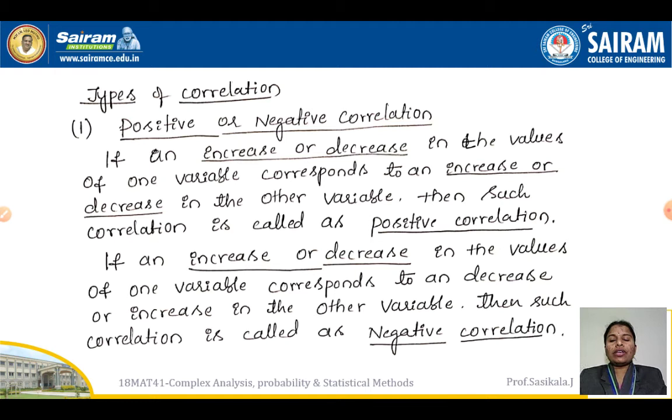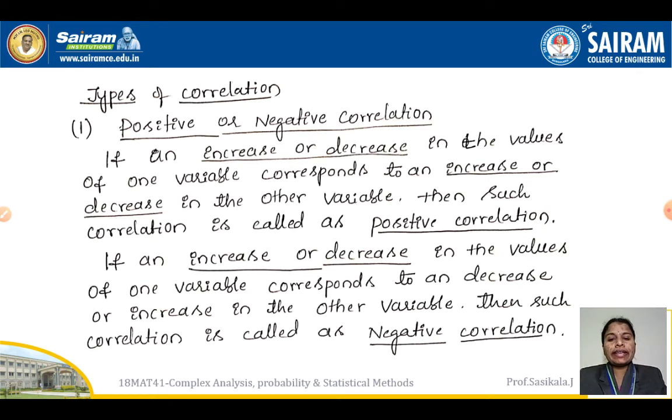Then we will see the types of correlation. Positive or negative correlation. If an increase or decrease in the values of one variable corresponds to an increase or decrease in the other variable, then such correlation is called positive correlation.